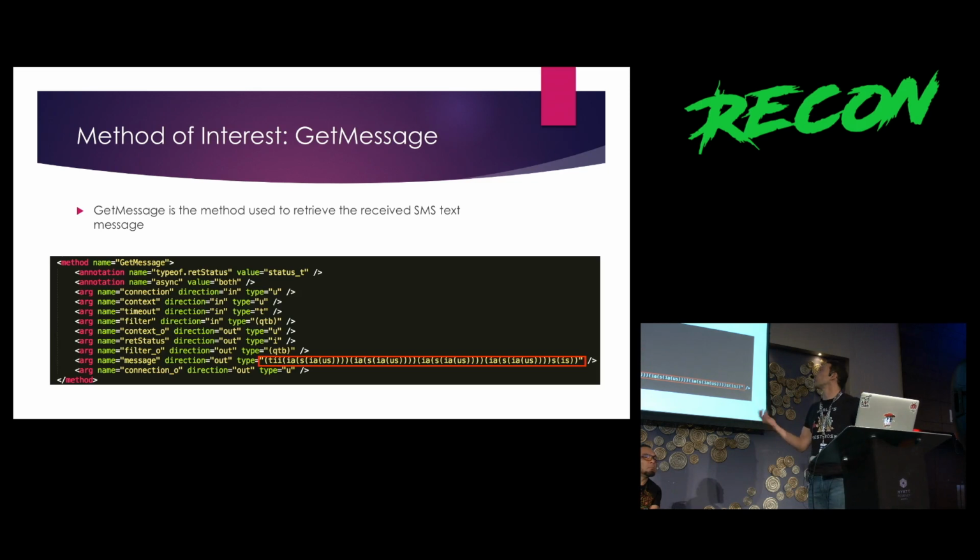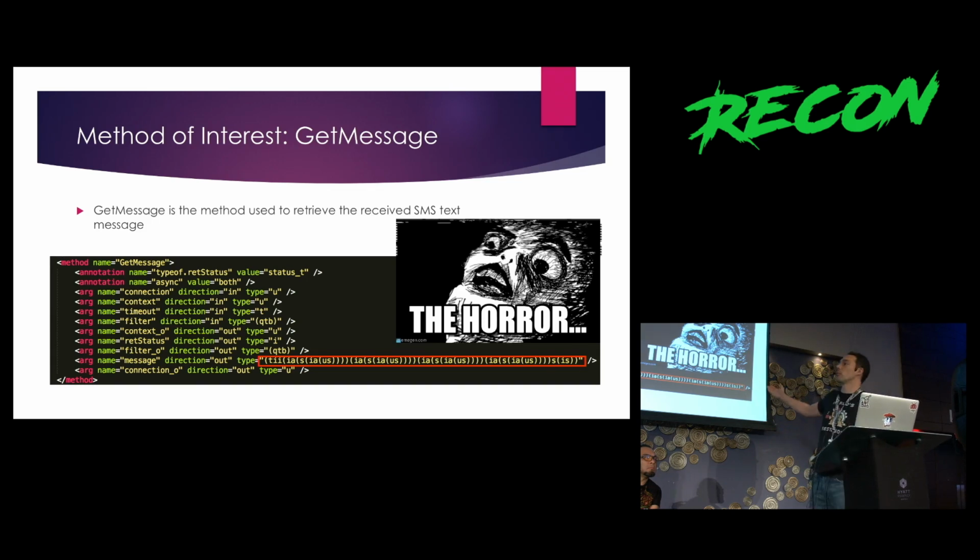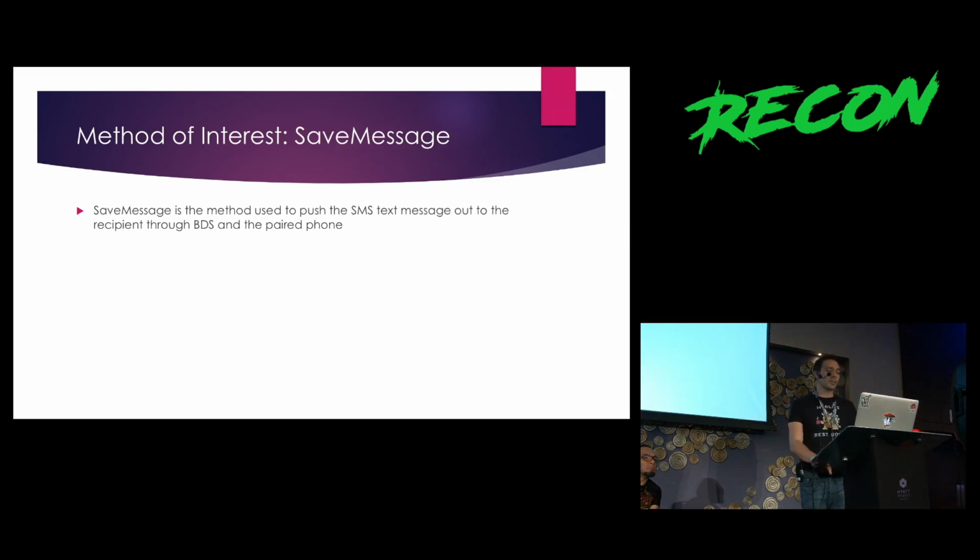Here's the XML description for this dbus method. And we see the description of the different data structures that it's using, in this case returning as an output. So we have to deal with this kind of structure if we want to make a call to this method. The other one of interest is save message.